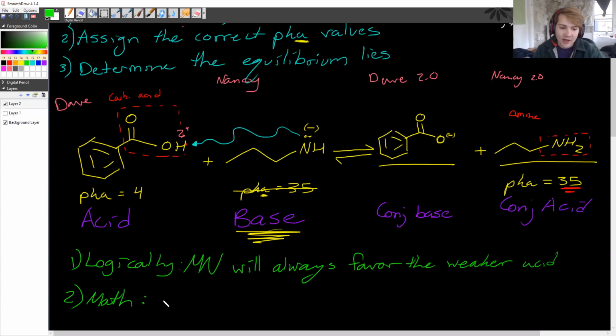The mathematical way is looking at a different constant, called the equilibrium constant. Mathematically, the equilibrium constant is equal to 10 to the product pKa minus the reactant pKa.